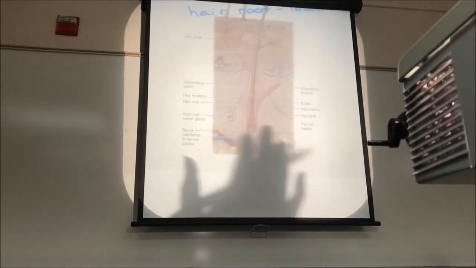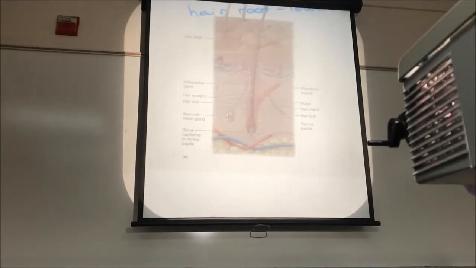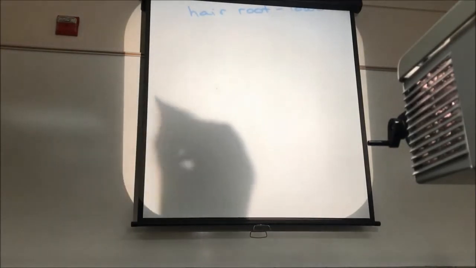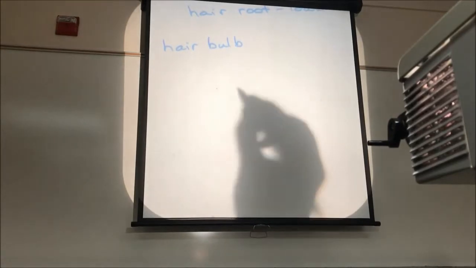Now, since I don't have an enlarged picture of this, I'm going to have to draw it. So down at the bottom of the hair root is an area called the hair bulb, which is where the hair is actually being made.